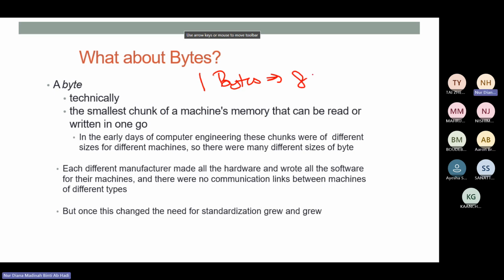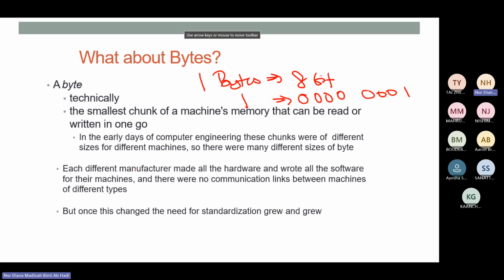Yes, 1 byte is 8 bits. So it means that if in 1 byte I have 1, when we convert into binary, we have 00000001. This is the example, so 8 bits like this. So technically this is the smallest chunk of your machine memory that can be read or written in one go.